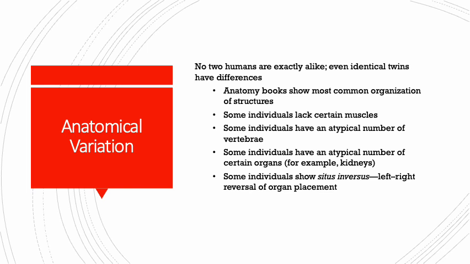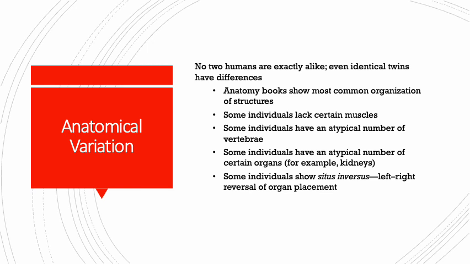And then there are also people who have reversal of organ placement. So the left side of their torso organs, their heart, their lung, their stomach, or everything over there is on the right side where it should not be. And the right side is where the left side is.